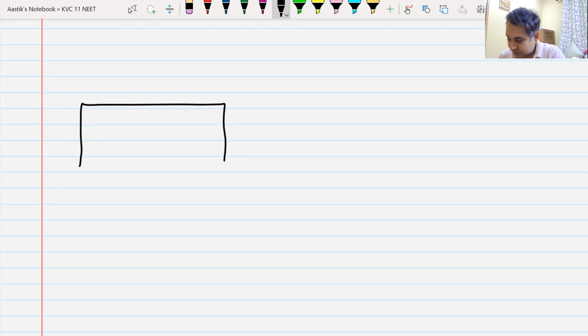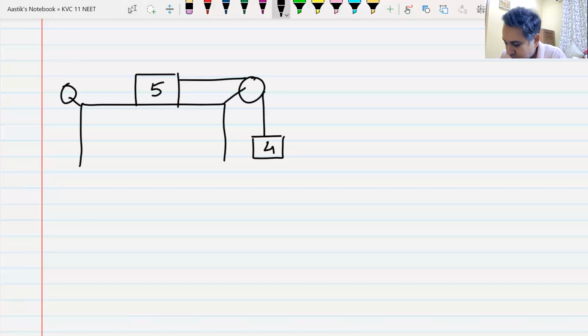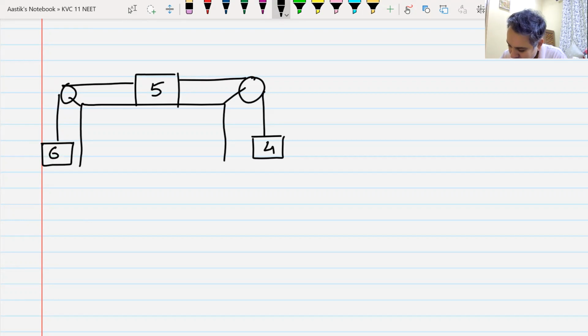I kept one more, sir. 4, 5, and 6. Three blocks kept on a frictionless surface. What is the acceleration of the system?